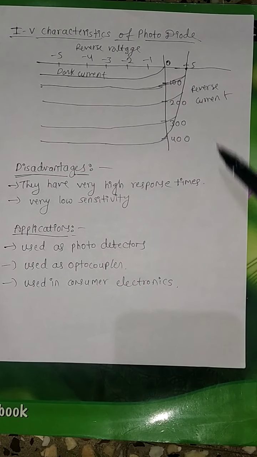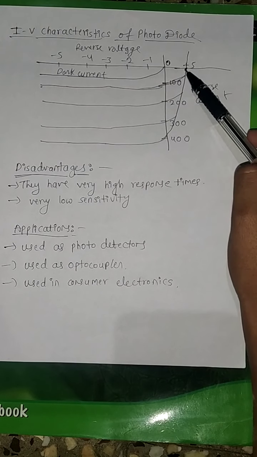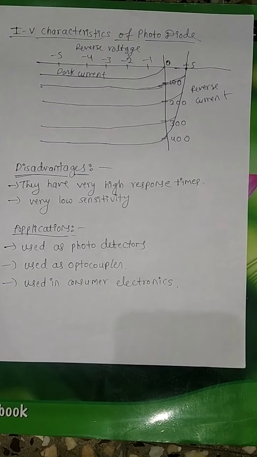So how much voltage do you supply? Only plus 5 volts. It will work under plus 5 volts. If you supply more voltage like 10 volts, 20 volts, it will not respond. Means what? When the voltage is not high, there is no chance of giving more current here. Okay, so these are the two main disadvantages of photodiodes.